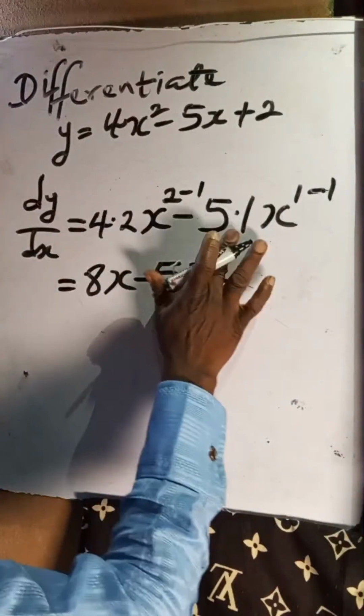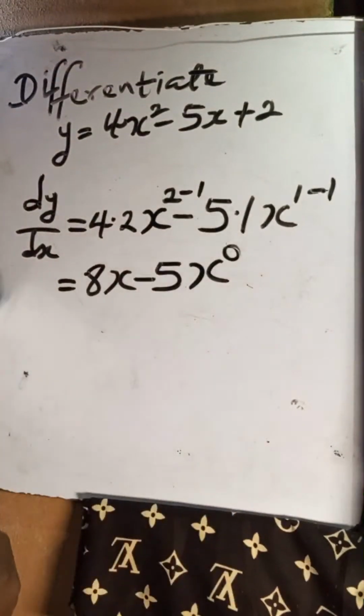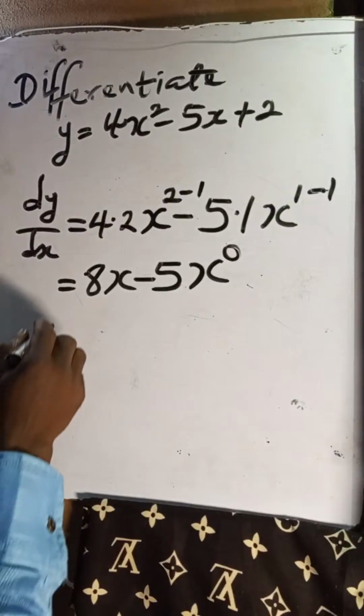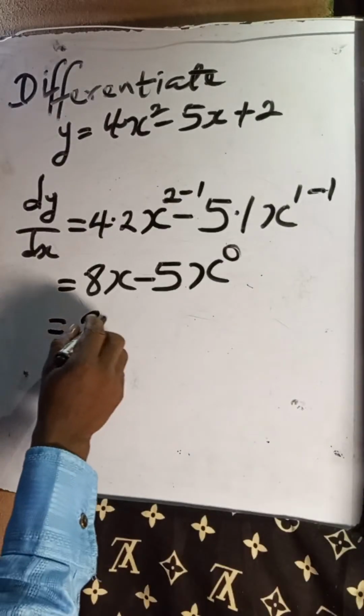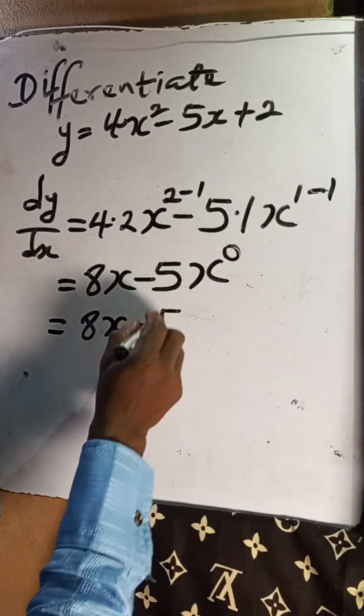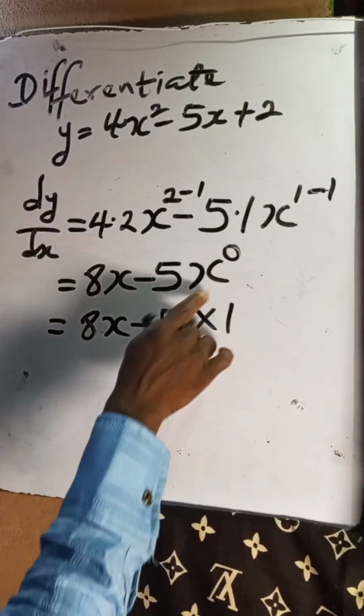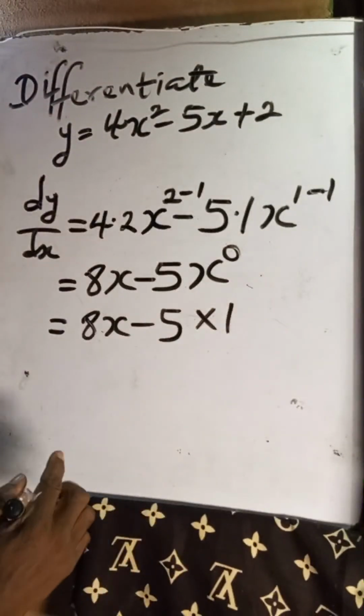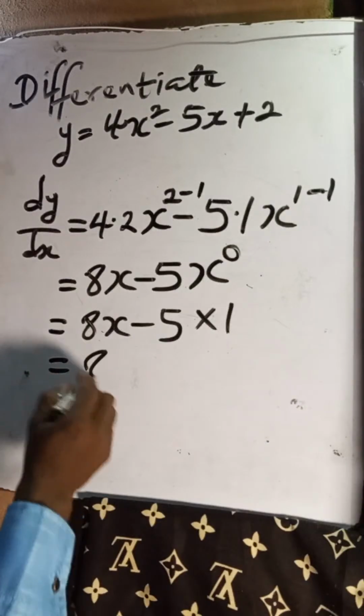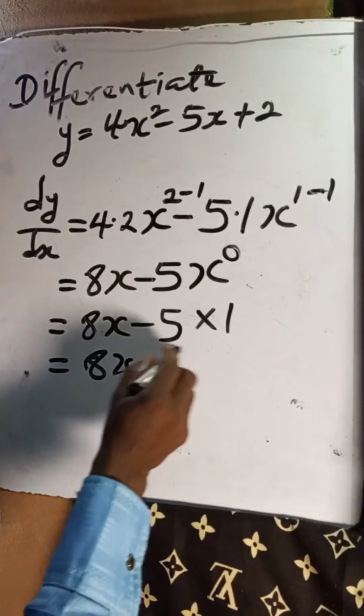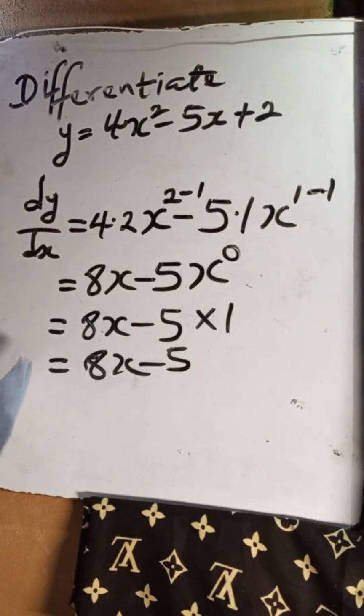And we already are aware that when a number is raised to power 0, it means 1. So that gives 8x minus 5 times 1. This is 1. Therefore we have 8x minus 5. This is what it is.